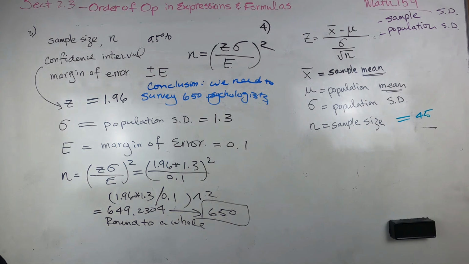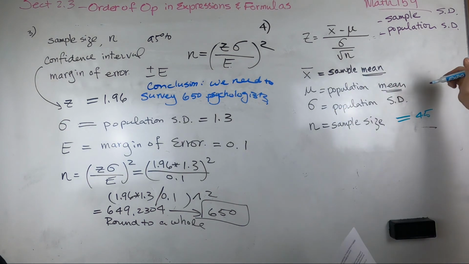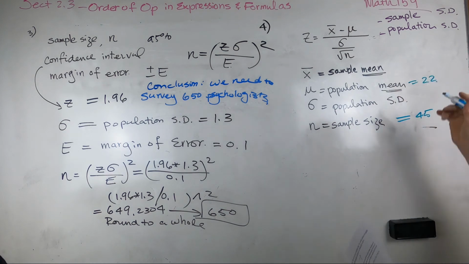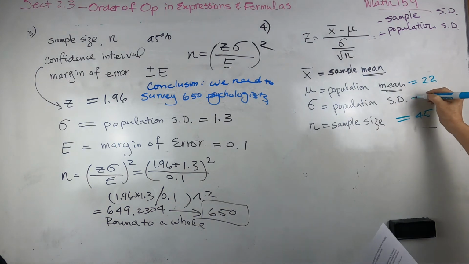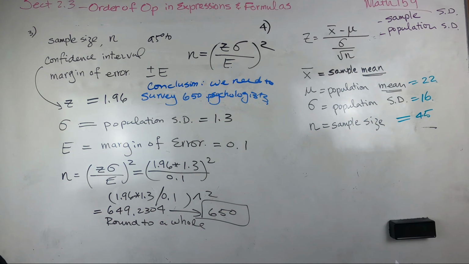Okay? Then it says the population mean retreat is 22 meters. Population mean is what? 22 meters. And population standard deviation is 16.